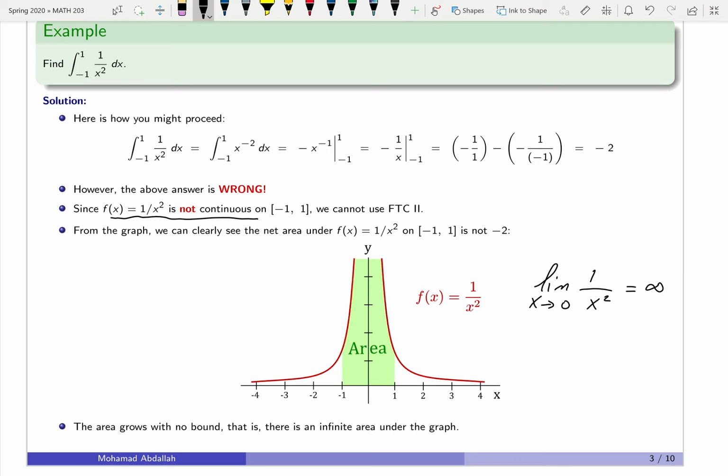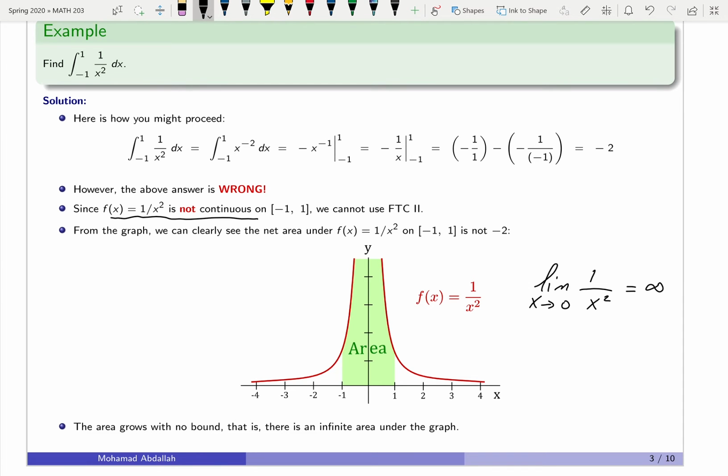So we say that the function f has an infinite discontinuity at 0. And in this case, we cannot apply the fundamental theorem of calculus. And for this reason, the integral that we just did is wrong.